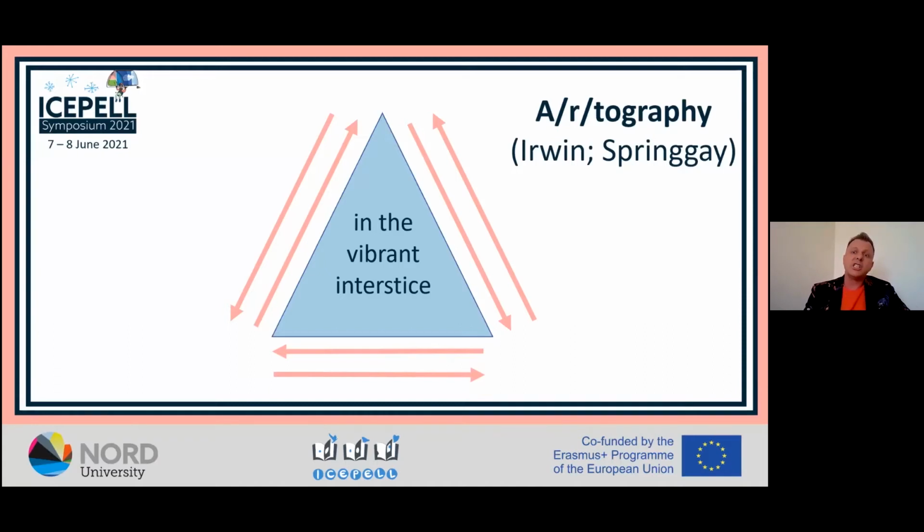And in its original conception, it is the triangular relationship between the artist, as in the A, the researcher, as in the R, and the teacher, which I put at the top, so pivotal, so crucial and important in creating materials, and the bringing together.